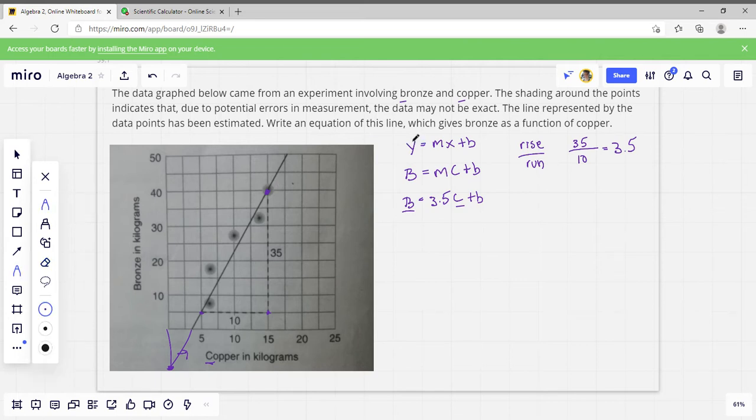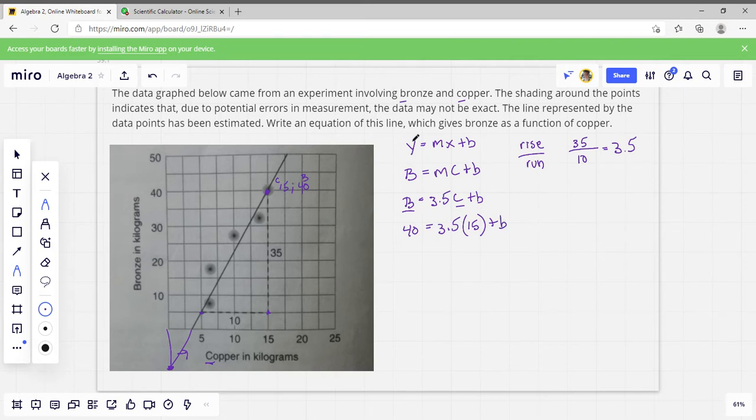So that would be 15 and 40. Our C is 15 and our B is 40. So it's going to be 40 equals 3.5 times our copper, which is 15, plus b.